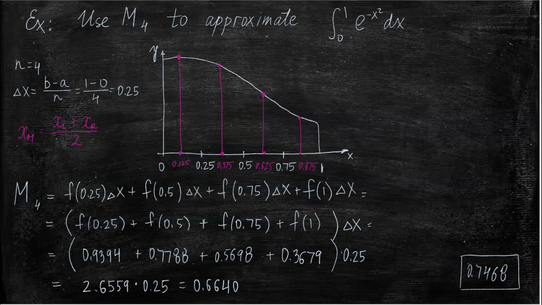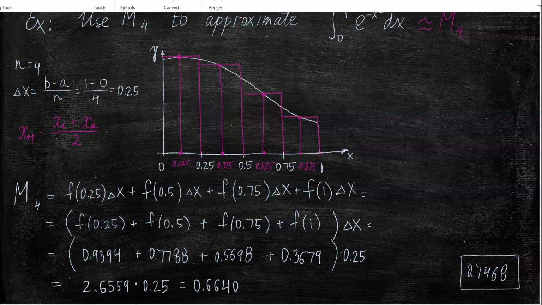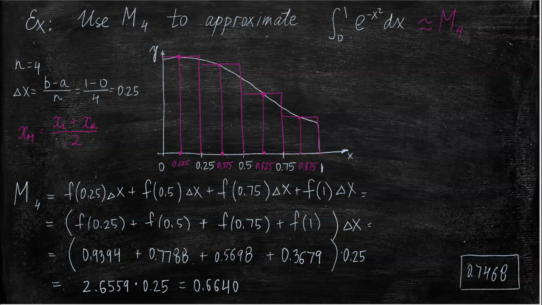And now to approximate, that is to find M4, we're going to construct 4 rectangles. And the heights of these 4 rectangles will be: the first one is the output of the function at 0.125.